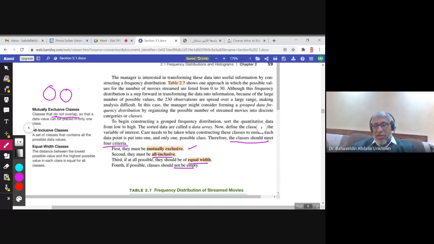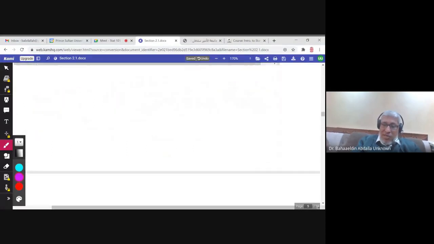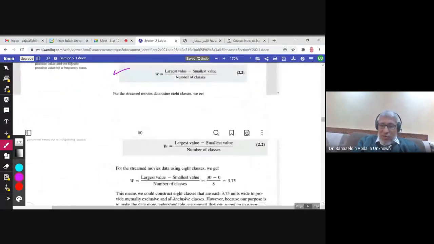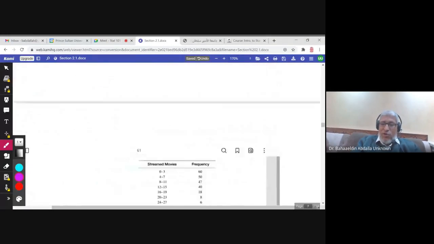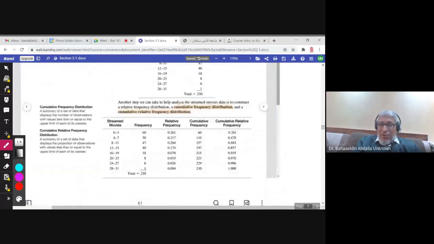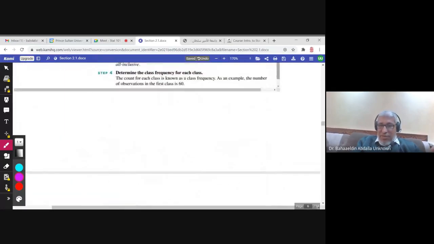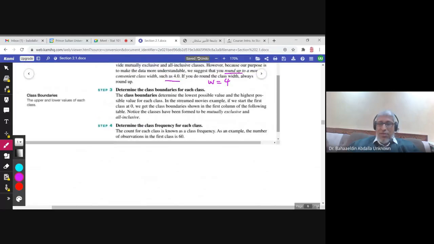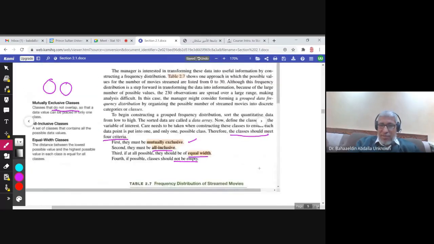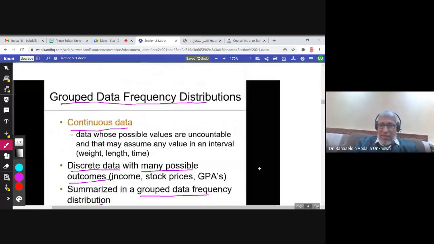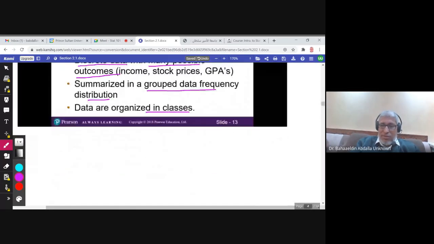And the classes should not be empty. You shouldn't have any empty classes. Good. So the third point: after you determine the width of the class, you determine the class boundaries, from where to where. These are the class boundaries here in this question.